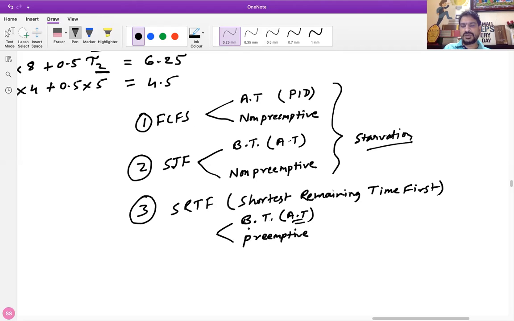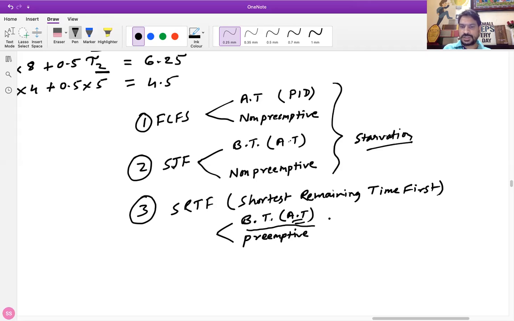Now, how do we find out the burst time of any future process? We might use the exponential averaging algorithm for that, and we can get the burst time of any process and take that as a reference. Maybe it is wrong, maybe it is right, but it is not exact, as I told you.